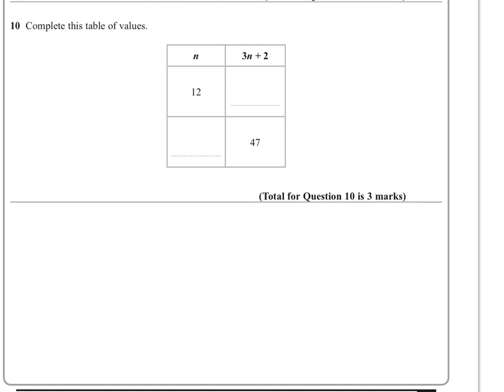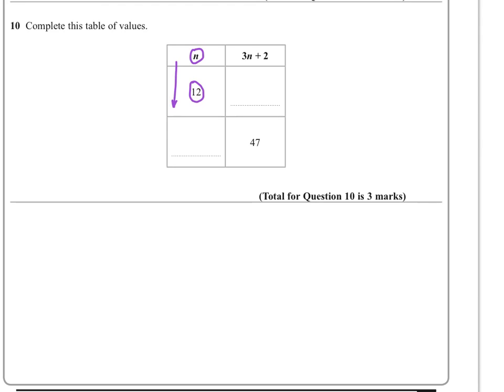Question 10. Complete this table of values. Well, you've got to interpret this table first. It's saying that the value here for n is 12. That's what this column stands for. So the value of n is this column, and the first number in the column is 12.